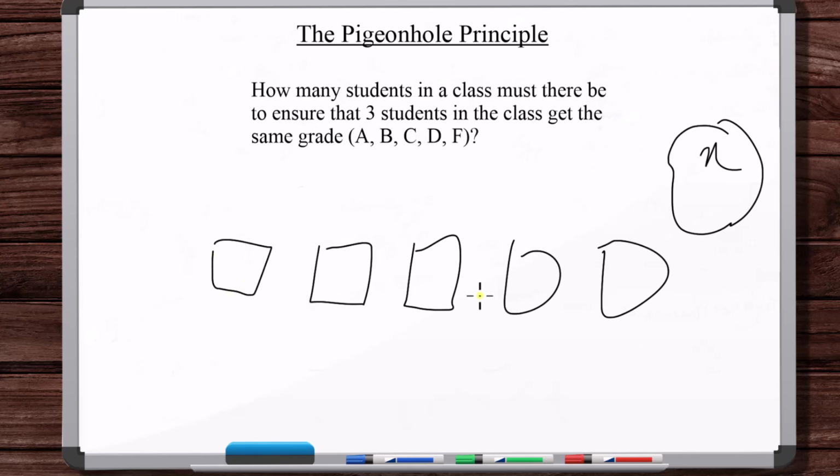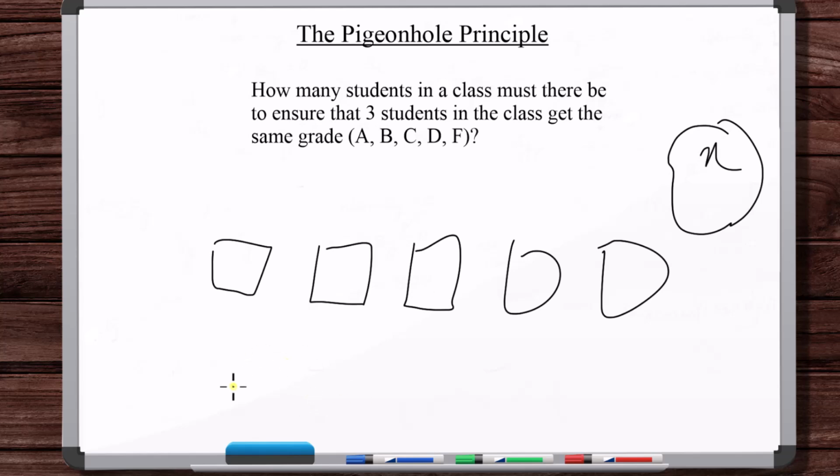So this makes sense. And the question is, what's the total number of students necessary to ensure that no matter what, there's going to be 3 students that get the same grade, right? So N can't be 3 because that could be the case where all 3 students get A's, but one could get an A, one could get a B, one could get a C, right?